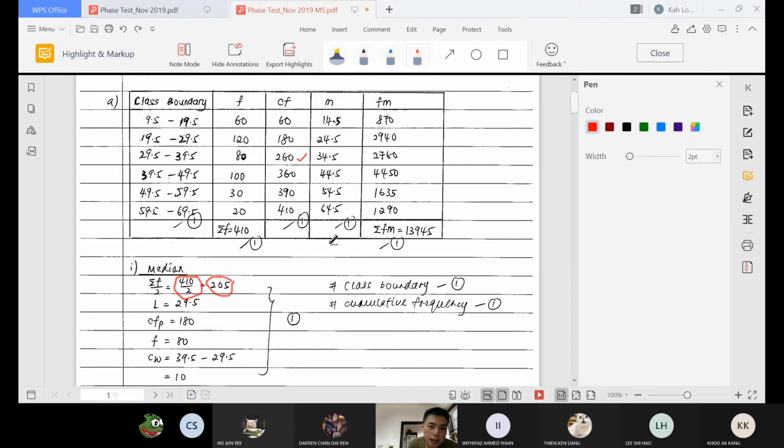You need to know this class is 30 to 39, this is 40 to 49, so you need to convert back. So the median class is 30 to 39.